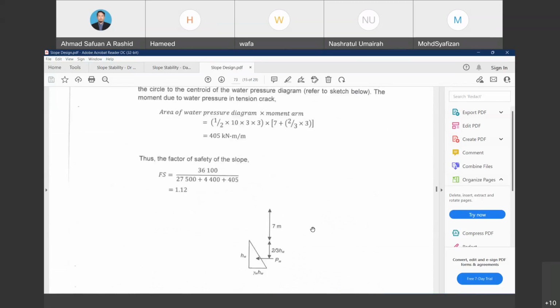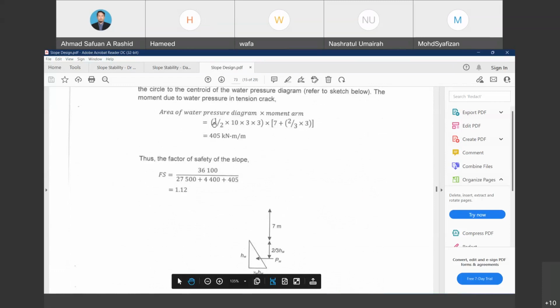The last is the tension crack. How could we determine the tension crack value? First, we need to determine the PW. The PW, due to the depth of the tension crack, is 3 meters.